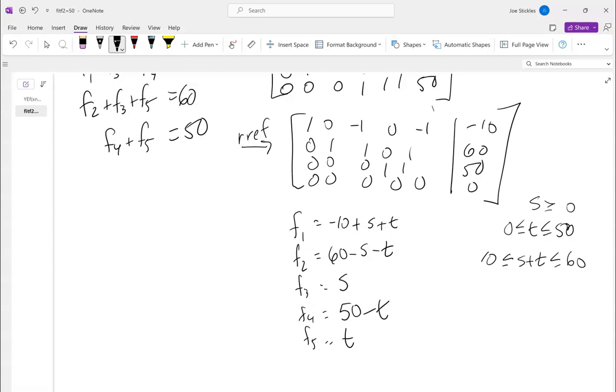Yes. So S can be equal to 0. That's okay. S could be 0 as long as T is at least 10. The only way that S could be 0 is if T is at least 10. But yeah, it is possible that S could be 0 in that case.